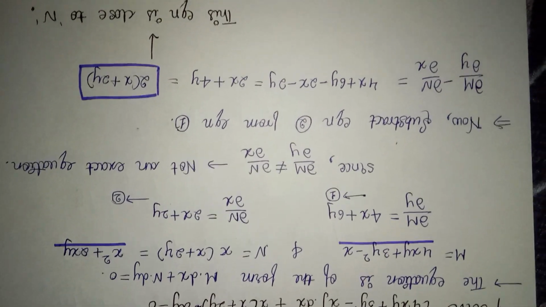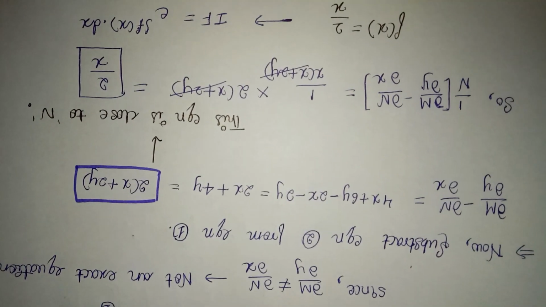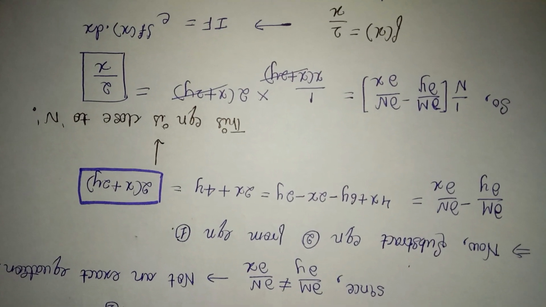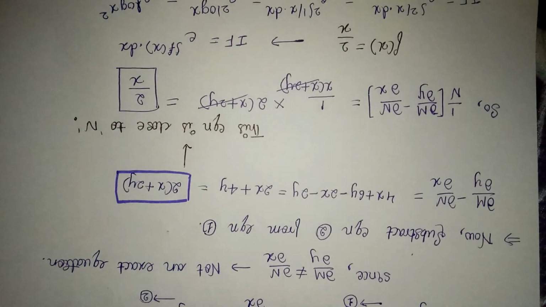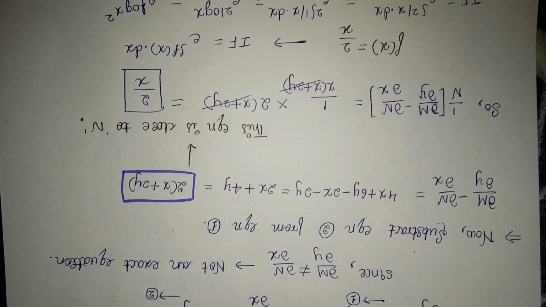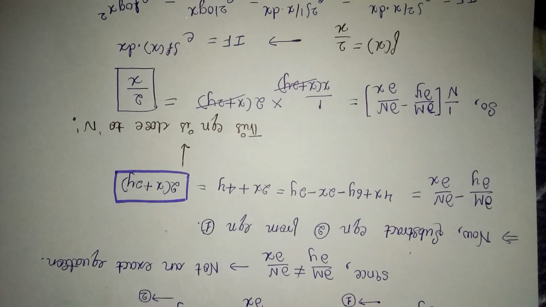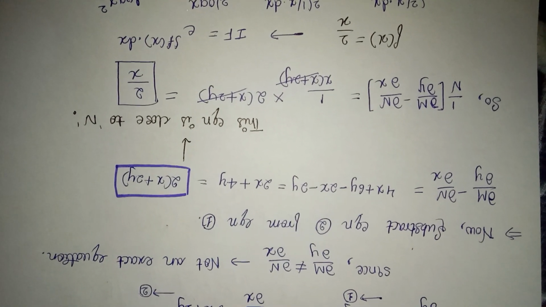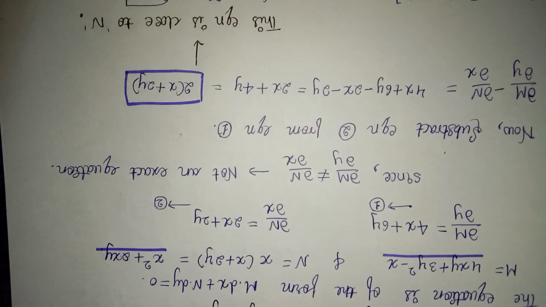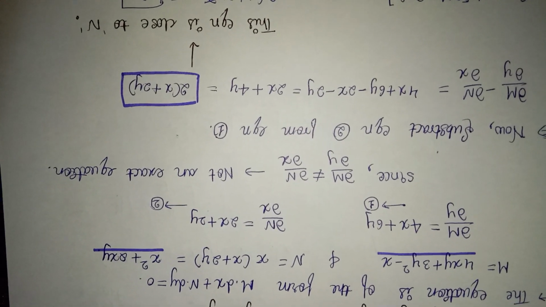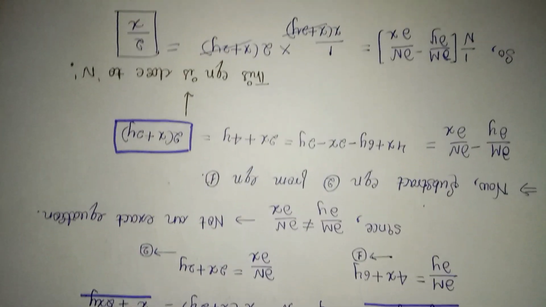For this, we take the difference, ∂M/∂y minus ∂N/∂x. We get 2x plus 2y. Now we have to see whether this difference is equal or close to M or N. We can conclude that 2x plus 2y is equal to or near x(x plus 2y), which is the N value.